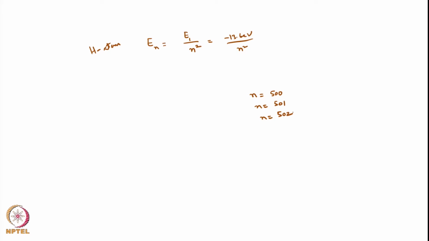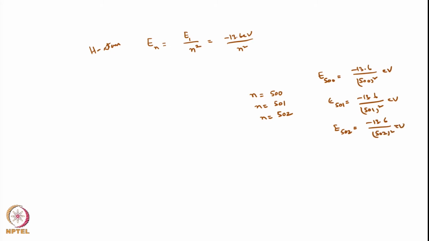So E 500 is equal to minus 13.6 divided by 500 square in eV, E 501 is equal to minus 13.6 divided by 501 square in eV, and E 502 is equal to minus 13.6 by 502 square in eV.